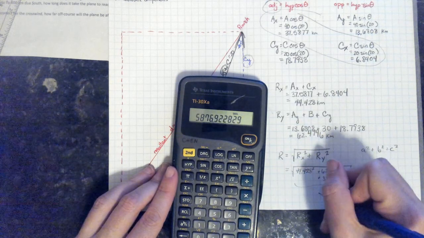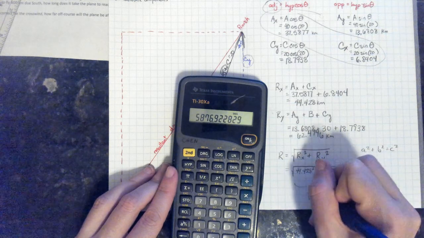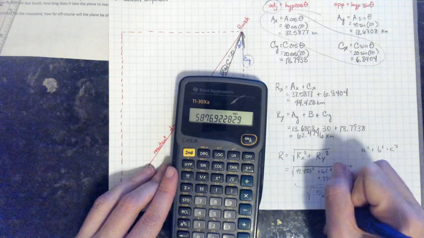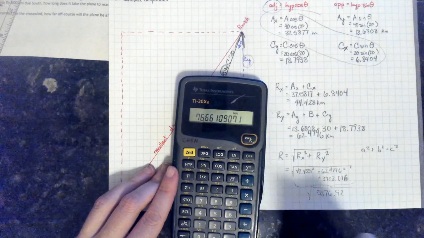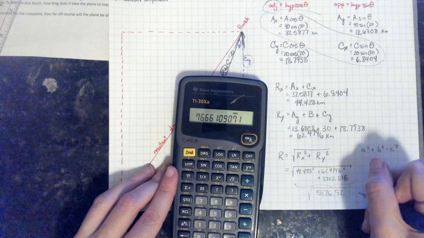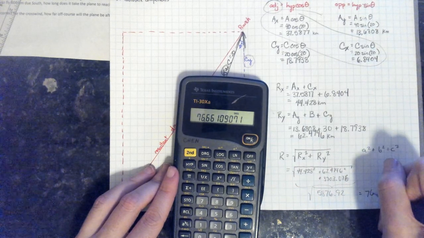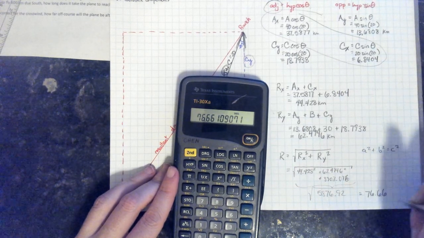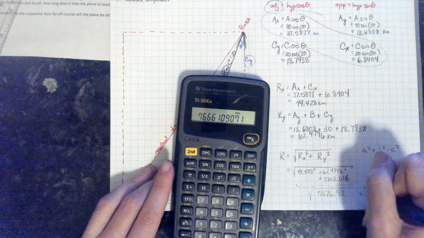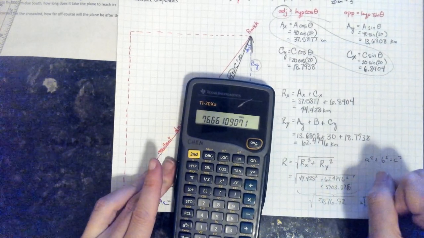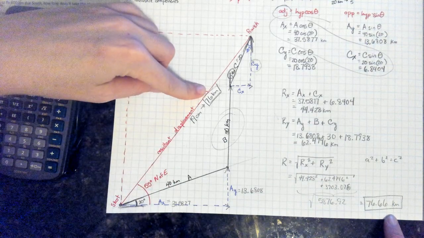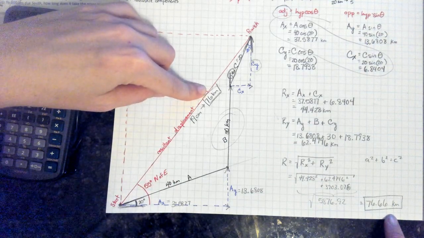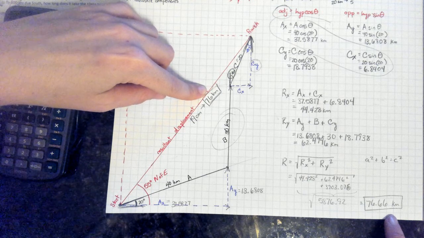So all of that should be 5,876.2. Take the square root. 76.66 kilometers. What did we calculate it to be? 76 kilometers.